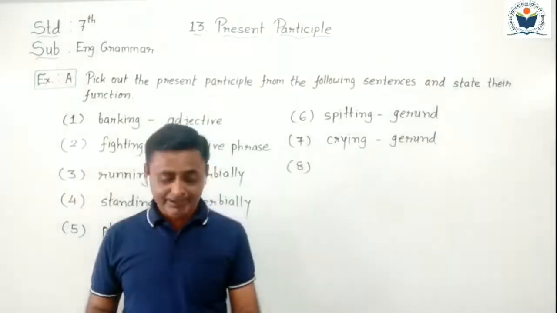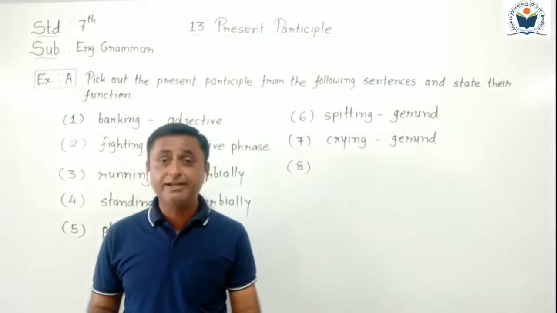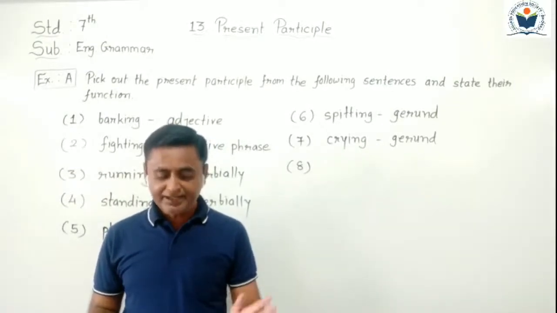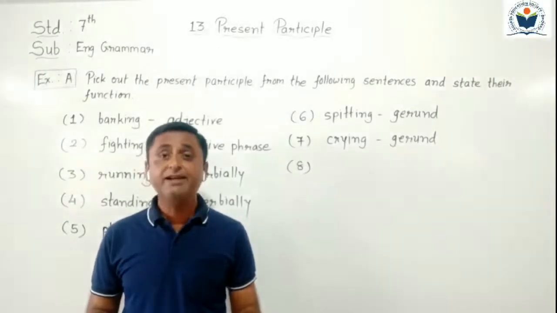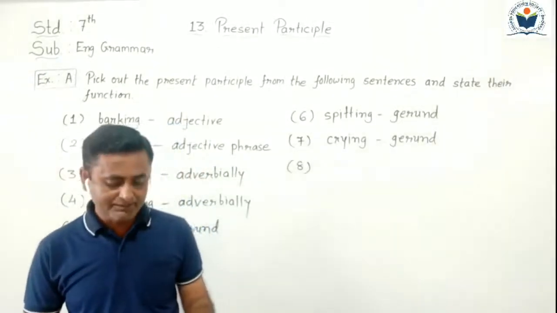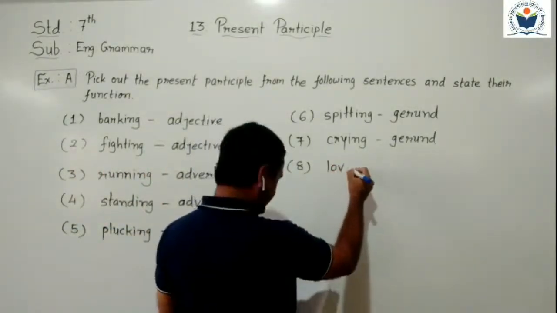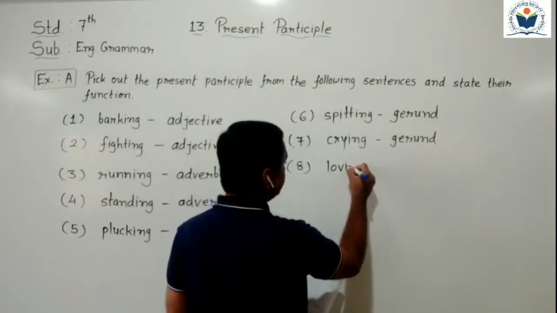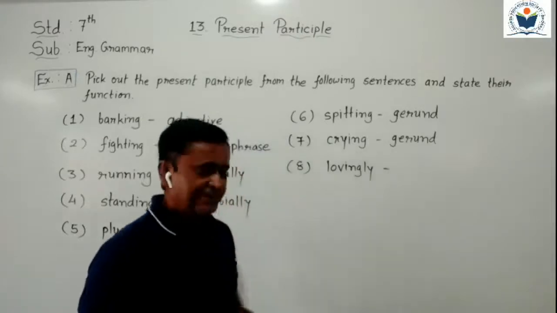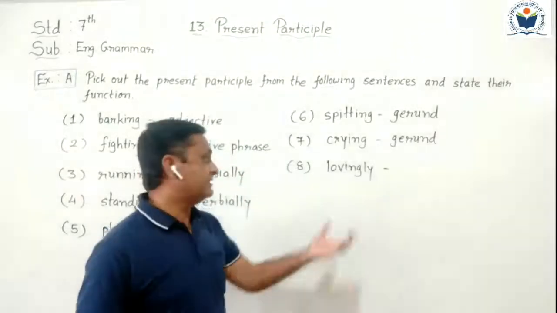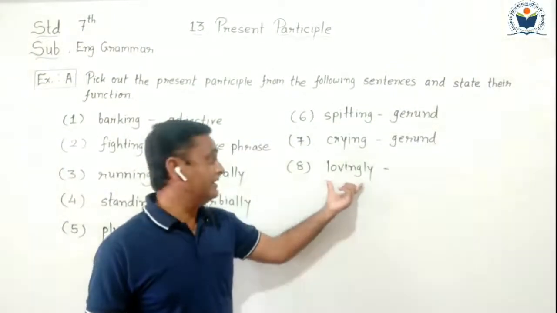Sentence number 8 is given here. Jane examined her husband's newly stitched suit lovingly. Which word is used as a present participle here? Lovingly. Lovingly is the present participle here. See here, you can identify the function of the present participle.